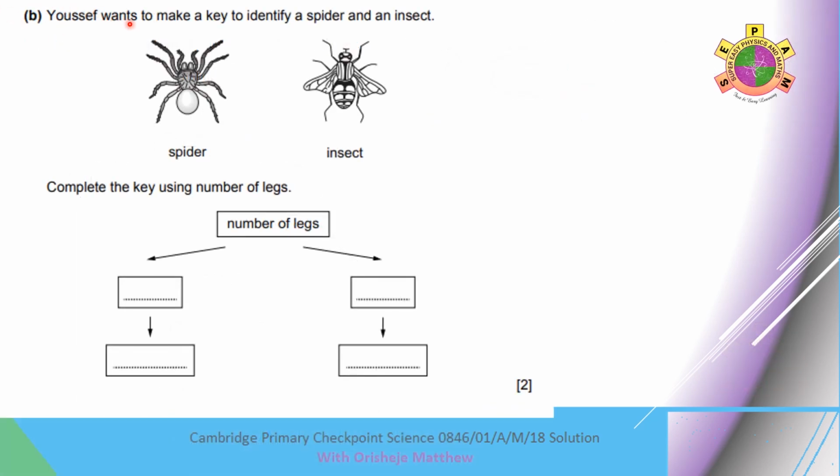Joseph wants to make a key to identify a spider and an insect. Complete the key using number of legs. If he has 8 legs, that will be a spider, and if he has 6 legs, that will be an insect.